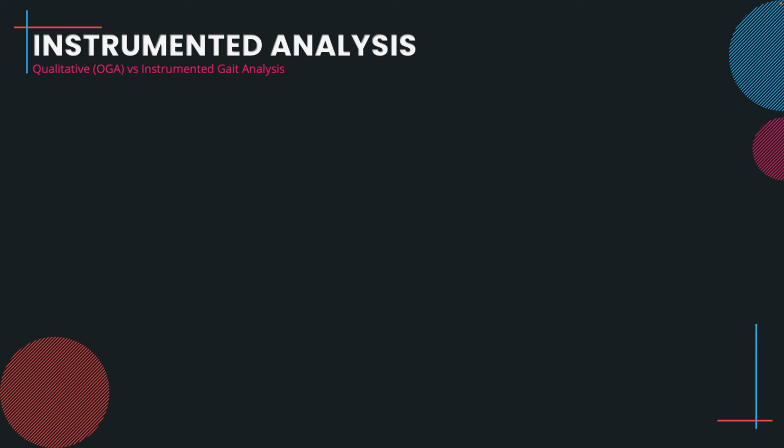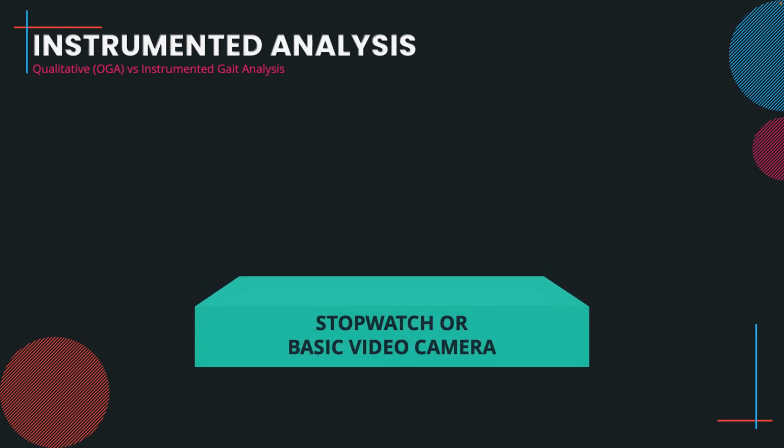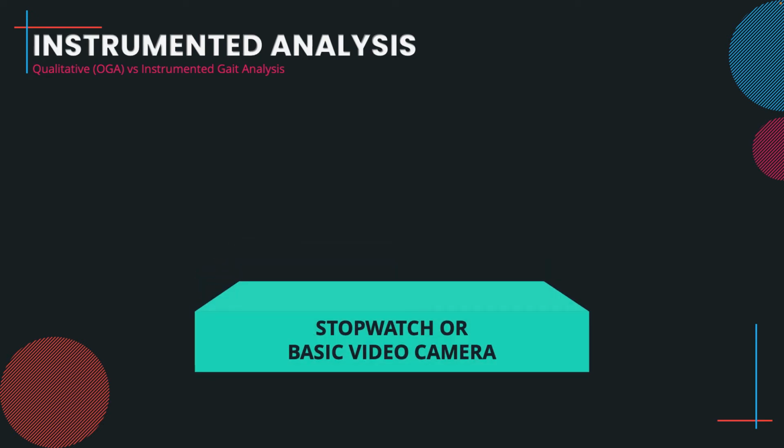There are a couple of tools that you could use for instrumented gait analysis, starting with some things that are pretty clinically available, just a stopwatch or a basic video camera that would allow you to be able to stop, rewatch the person's gait, and get some temporal and spatial data on exactly how it is that they're walking. So this has an advantage over observational gait analysis because observational gait analysis is limited in its ability to quantify gait performance.